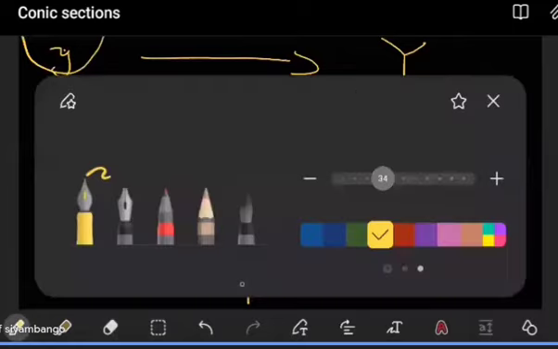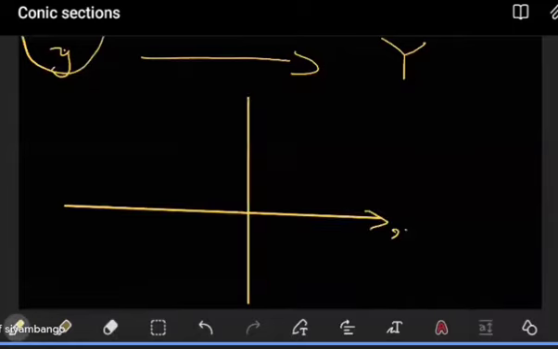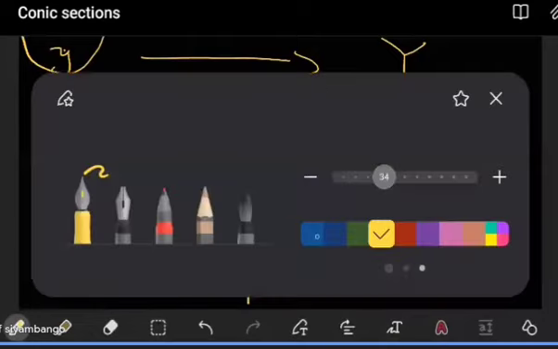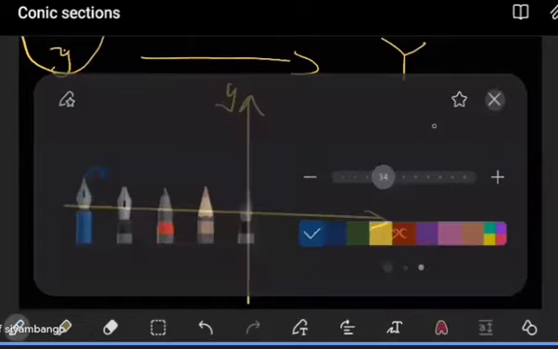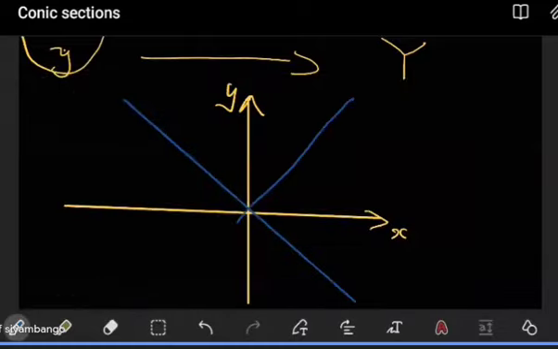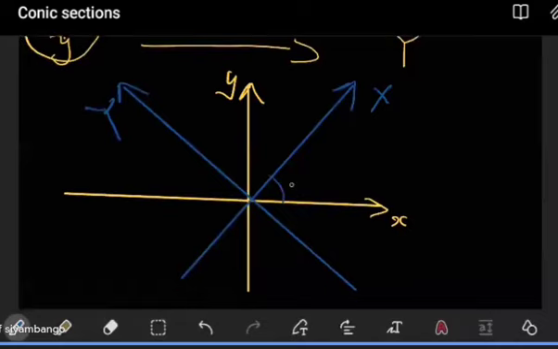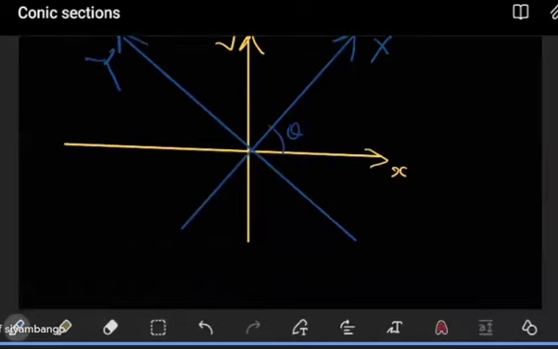So this is the x and the y, and then capital X and capital Y are the rotated coordinate axis. Now, those relations, I hope you guys remember them. So that is the angle of rotation, theta.